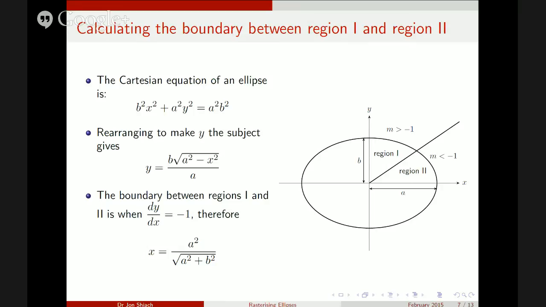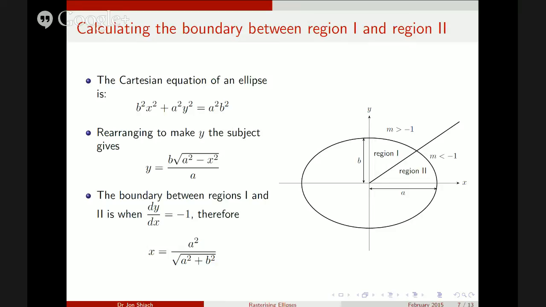And that's multiplied by du/dx, which is minus 2x. So therefore we have minus bx over a squared minus x squared to the power half. Okay, so that's the gradient, that's m. So the gradient along our ellipse is given by this formula here.